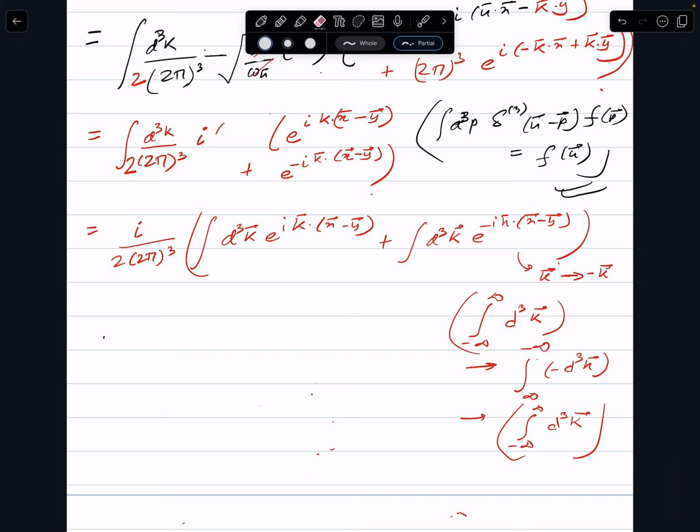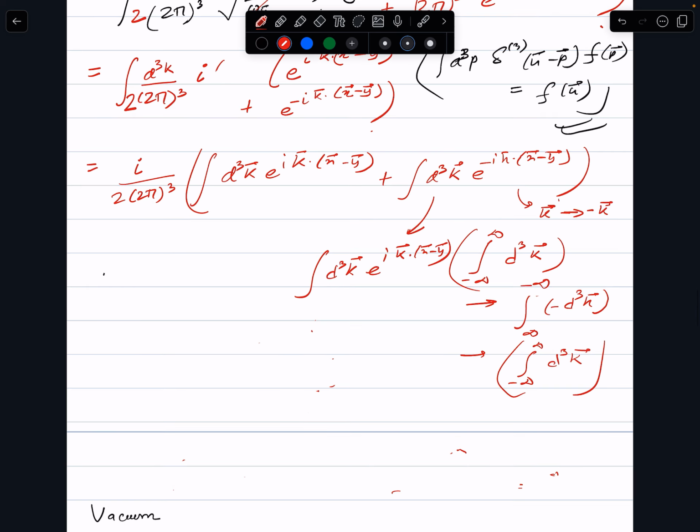So when you do this substitution in this term, this part remains the same, but this part becomes k, which is the same term as this one. So I have these two terms added together, which gives a factor of 2 that cancels with the factor of 2 outside. So I have 1 over (2 pi)^3 and 2 of these, so 2 d3k e to the power i k dot (x minus y).